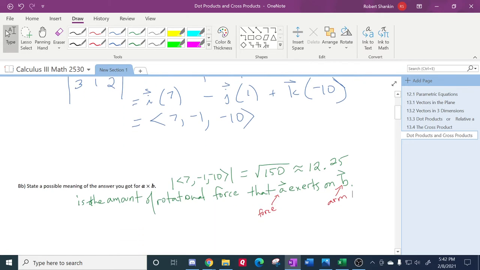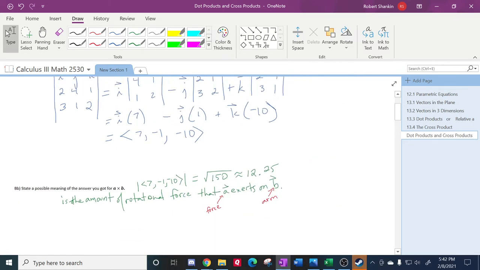In three space it's a little harder to see, and I'm not sure I'm not misremembering this, but I'm pretty sure that it is the first one exerts on the second one. The book says that the torque equals the cross product of the radius and the force, and the torque is the magnitude of that. It says that the torque equals the magnitude of R cross F.